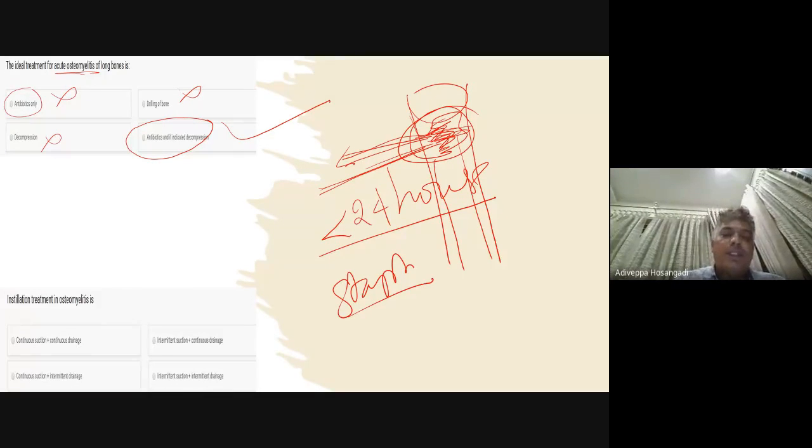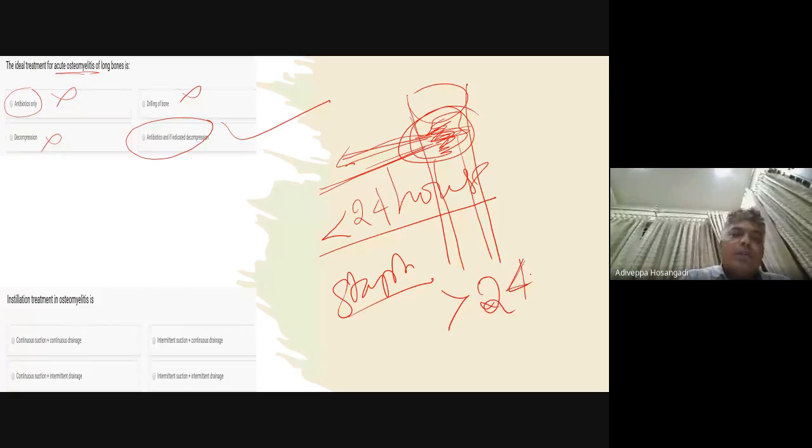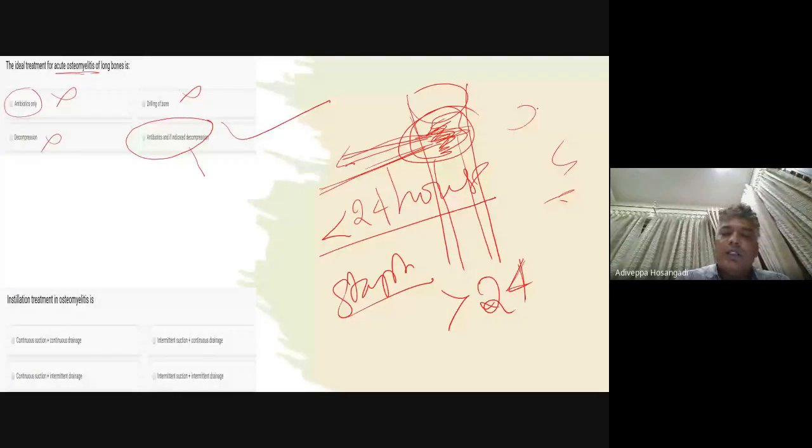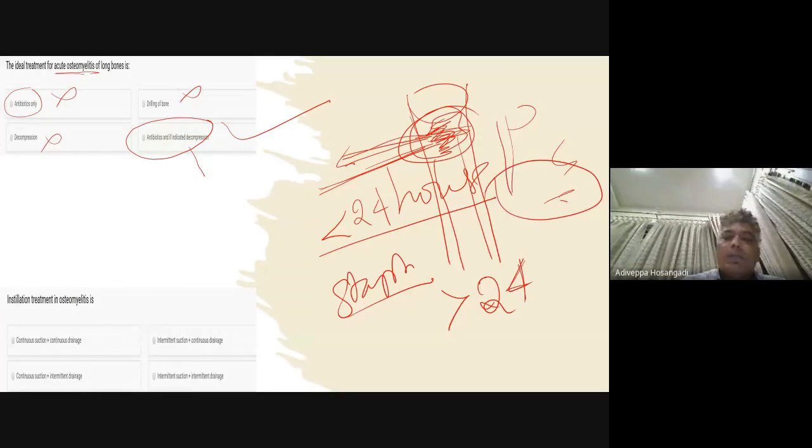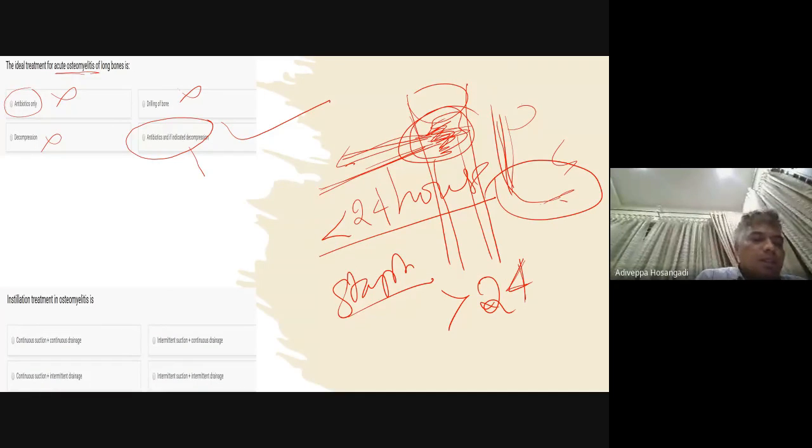But generally the patient comes after 24 hours, so you might keep an option to drill the bone. Drilling of the bone is like drilling a bore well. You might not get water unless you hit the water level. But still decompression is essential. You let the pus out. Pus anywhere in the body, you have to let it out.